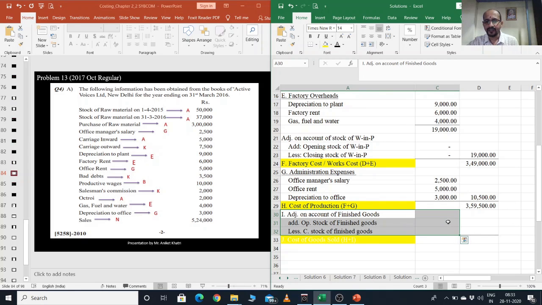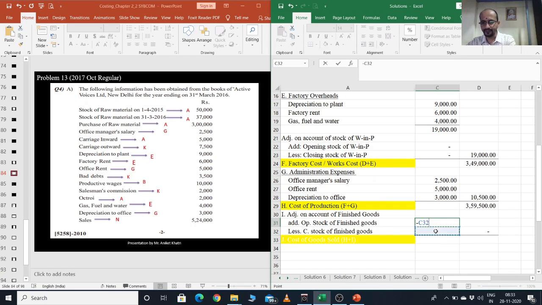Okay, so there is nothing mentioned, so we will write a dash. Here also we will put blank, 0 and 0.